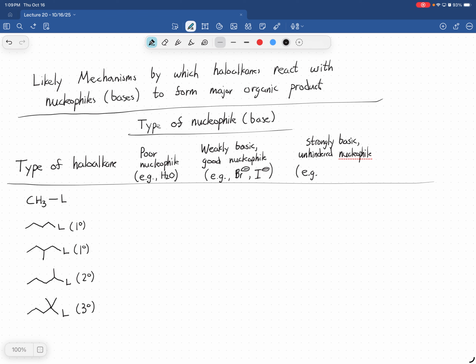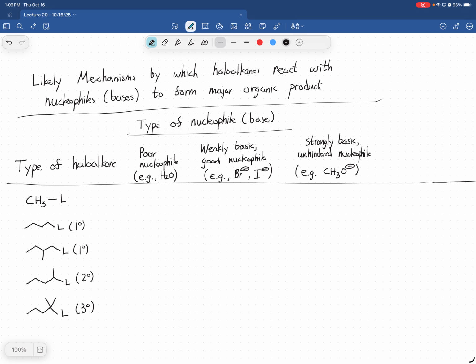Anything else is not really considered strongly basic. Our example here is CH3O minus. It's charged, but it's oxygen, so it's still considered a very basic nucleophile.